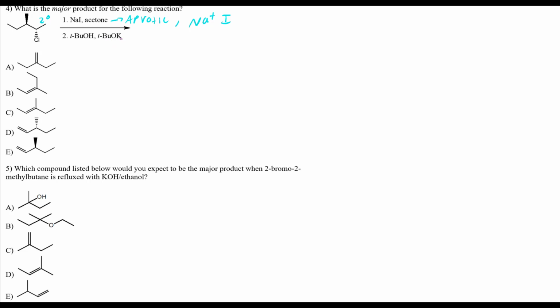So what do we do? Well, in step 1, we're going to do an SN2 reaction, right? And so the sodium iodide comes in, and first of all, this chlorine pops off, right? It comes off, and let me draw in my hydrogen.